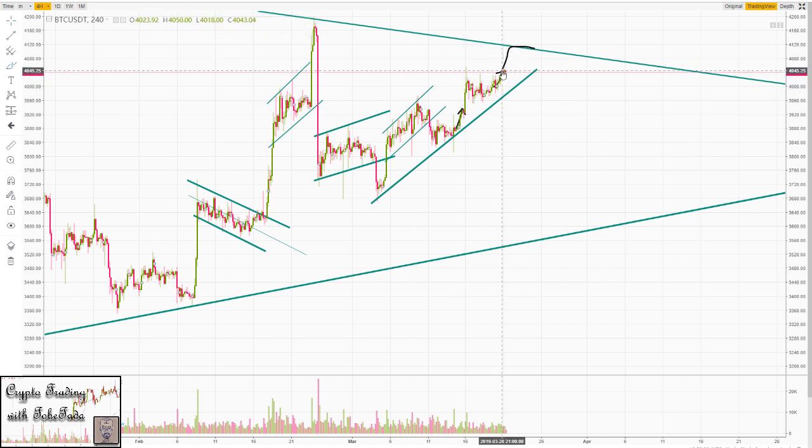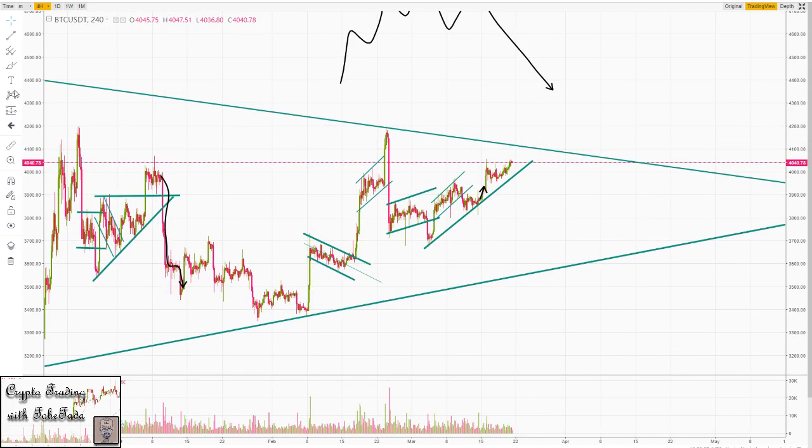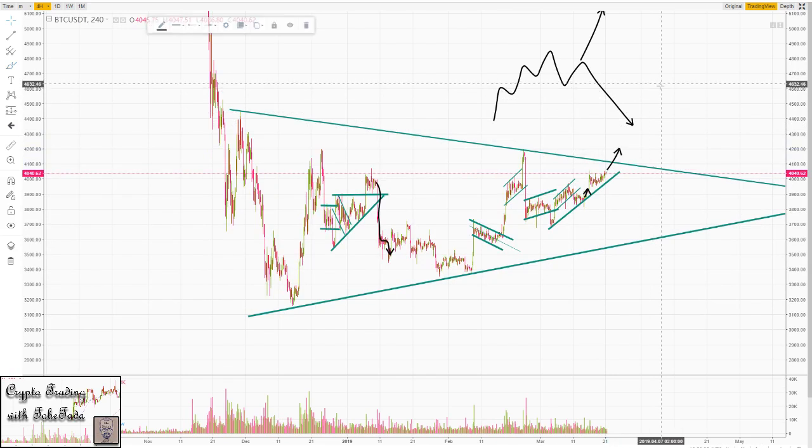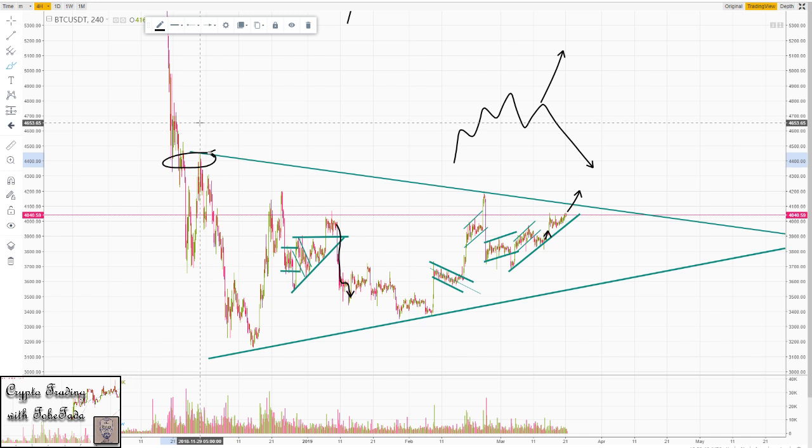As I said, the alternate scenario is that we'll actually push through this resistance here, which I think is less likely to happen, and that would mean that the price will probably reach up until at least 4,400, as there is a resistance here, or even 4,600 to 700.